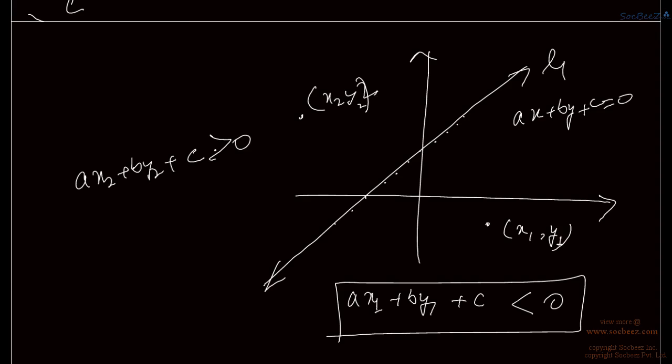Because all the points on the line ax plus by plus c is equal to 0, and above this y is greater than x, so this equation is valid, and for points which lie below this line ax plus by plus c is equal to 0, this equation is valid. Okay, because here y is less than the value which we are substituting for x, and on this line the equality holds, that is ax plus by plus c is equal to 0.